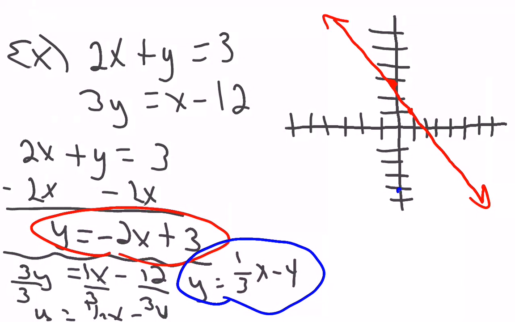And then our slope is 1/3. So we go up 1 over 3. And so here we draw that one and cross it. All right, so now we see that they cross here, and it's kind of like, where do they cross?